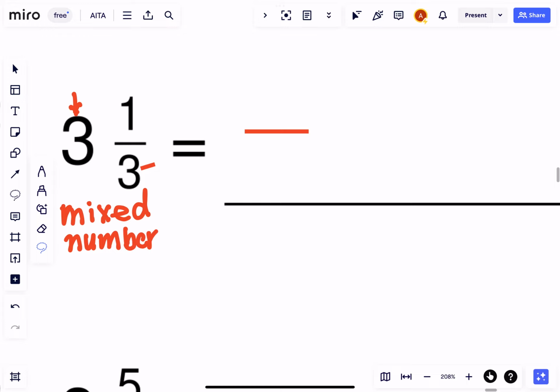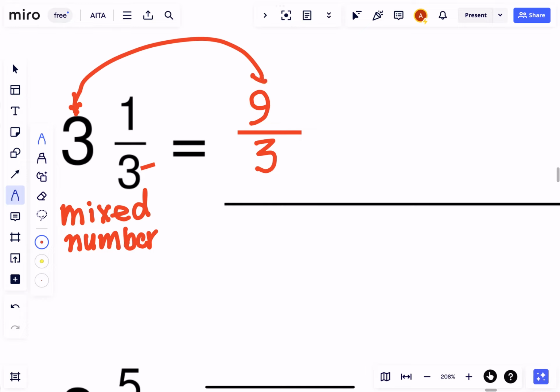So basically we get 3 at the bottom here, and we get 9. So this is the same as this whole number 3 here, and plus we have this 1 upon 3.